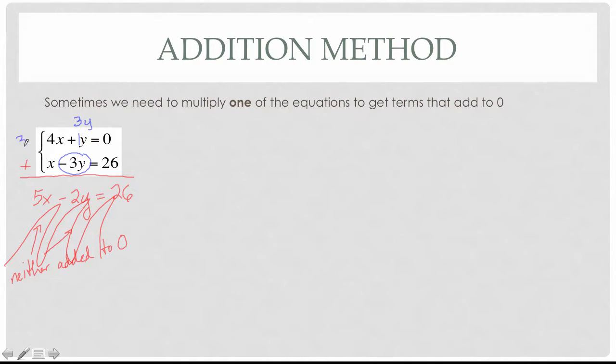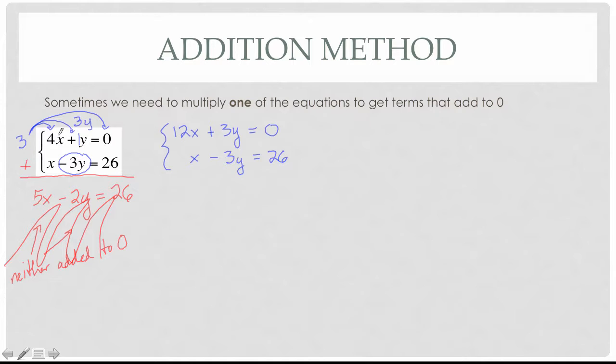I'm going to multiply everything in the top equation on both sides by 3. So I'm going to do 3 times 4x, 3 times 1y, and 3 times 0. So now we've got 12x plus 3y equals 0. 3 times 0 is still 0. And on the bottom, I still have 1x minus 3y. I have the same equation that I had before, equals 26.